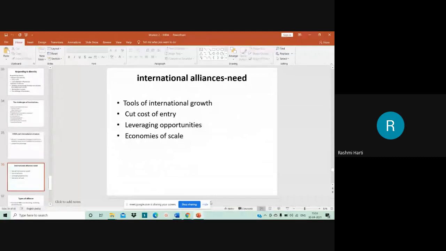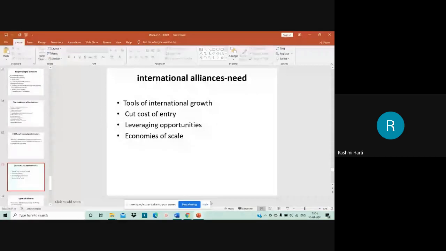That is what was put forth in tools of internationalization or international growth. And then we went to types of alliances, functional, R&D and all those things we looked into.